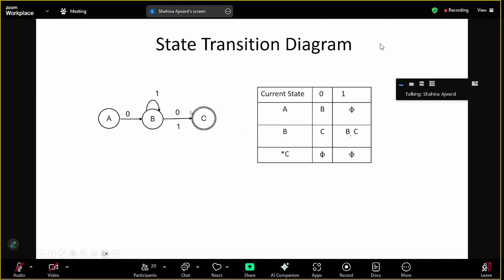Okay. So when it goes to C, it's not defined for both input symbols, either 0 or 1. So we represent them as phi, right? Okay. So this is the table for our NFA, right?